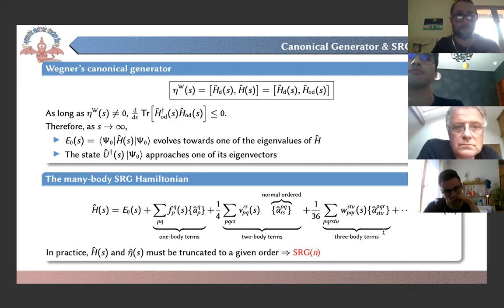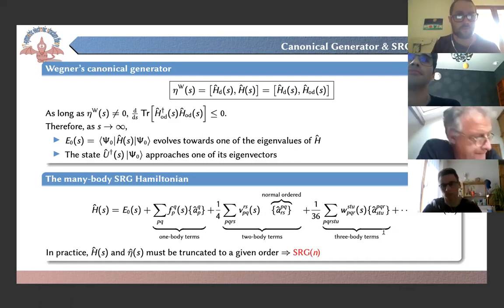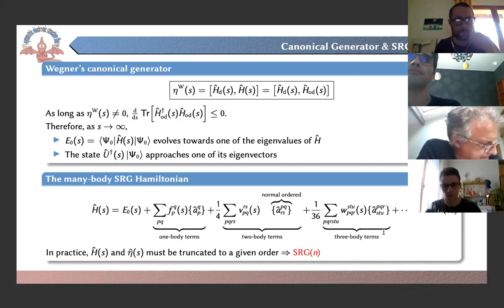Okay. So because when you compact information, you really have to put the information somewhere. So don't think it's vanishing in the air. It has to go somewhere. But what you can do is you can choose to truncate your Hamiltonian to, for example, 2-body or 3-body or 4-body, and say, I'm going to stop like this. And so in practice, if you increase the maximum order of your terms, you should converge to the exact solution.